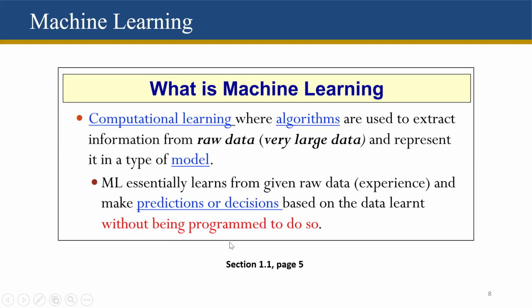So we are not going to tell the system that, for instance, if you see input 1 and if you see input 2, add them. No, we are just presenting the data for it to inherently learn from that data so that we can make some prediction. And at the end of the day, after learning from that large data set, we want to present this in a type of a model, which is more or less that learning rule.